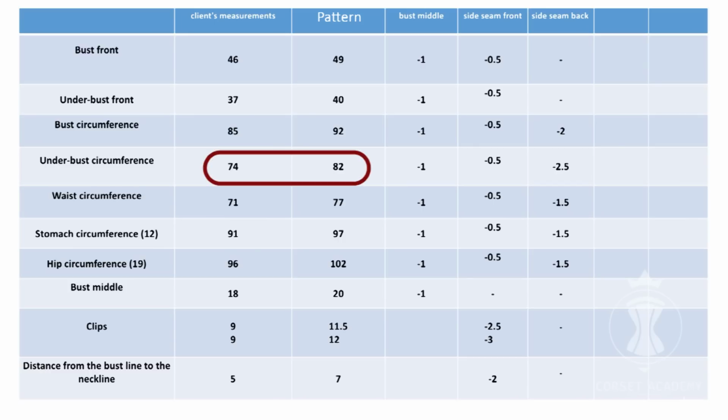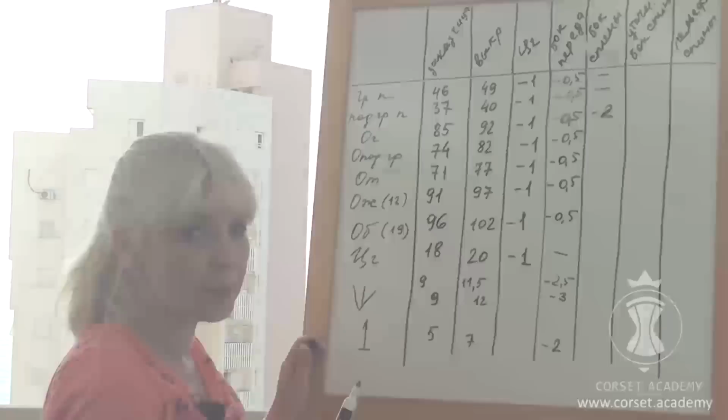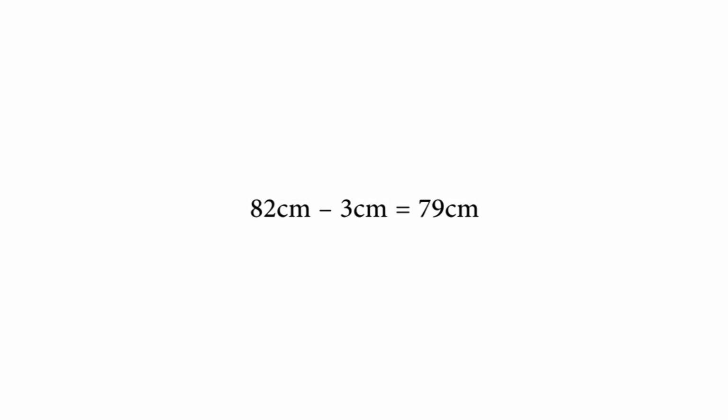Under bust circumference: 74 centimeters on the client and 82 centimeters on the pattern. But I have already narrowed the pattern down by 3 centimeters. 82 centimeters minus 3 centimeters equals 79 centimeters. 74 centimeters minus 79 centimeters equals -5 centimeters.